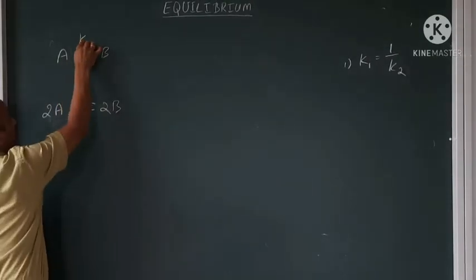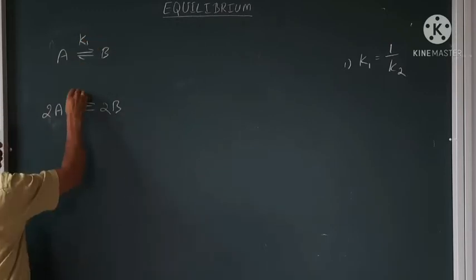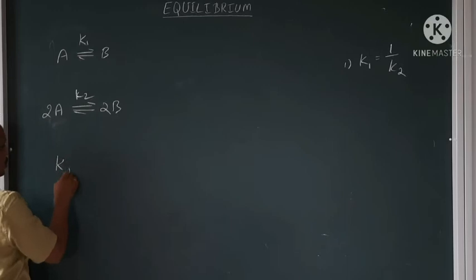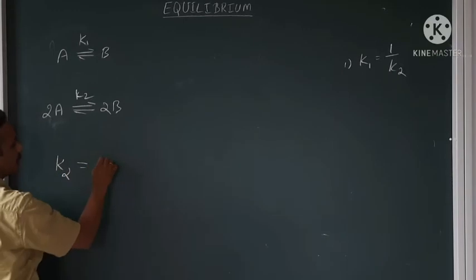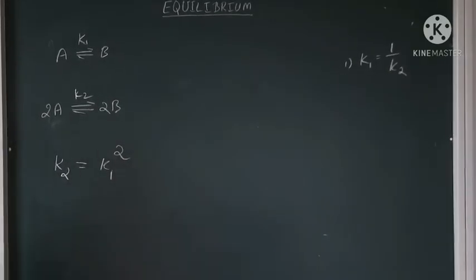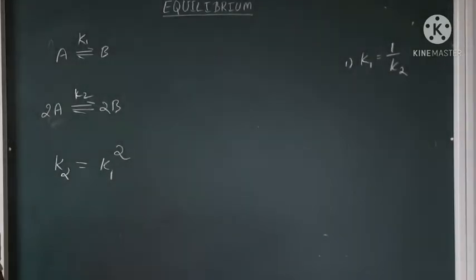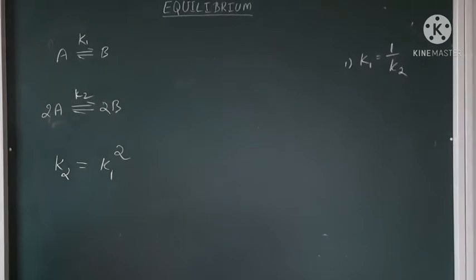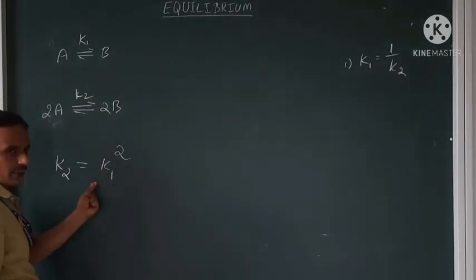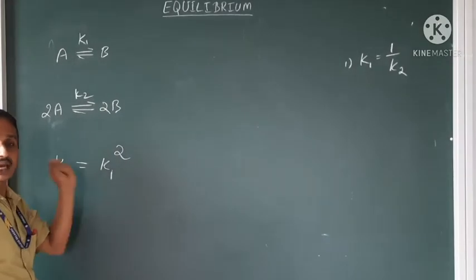See, this is K1, this is K2, then K2 is equal to K1 square, not 2K1, remember this fact. The new equilibrium constant is not 2K1, it is K1 square.